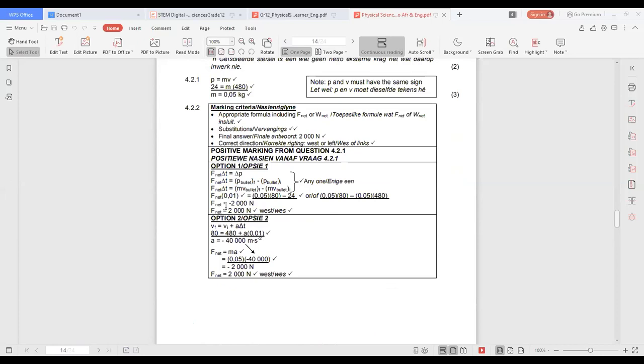So the first option says the net force times time, which is basically impulse. This is our sign for impulse. When you write impulse, this is what you write. You don't write I, because I stands for something else. You write F net delta t is equal to the change in momentum.